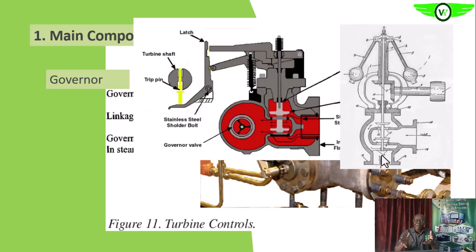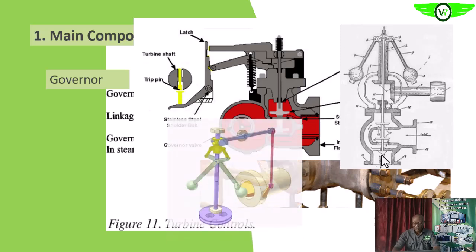So you see that the amount of steam administered into the turbine is actually determined by the speed of the rotor of the turbine. With this kind of arrangement, you are now able to control the speed of the turbine. We have other types of governor, but this is just to highlight how it functions so that we have an idea of what is actually happening within the turbine itself.